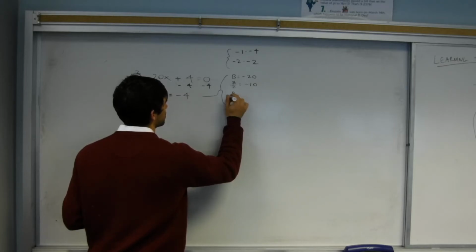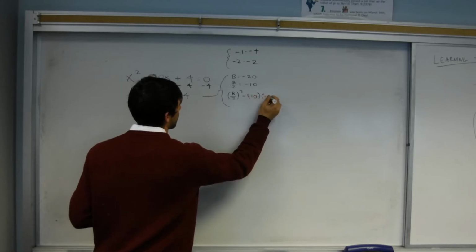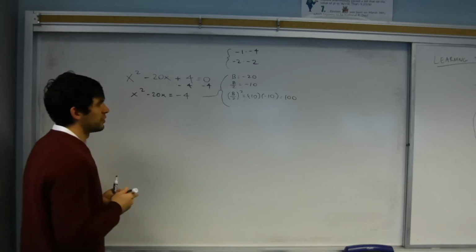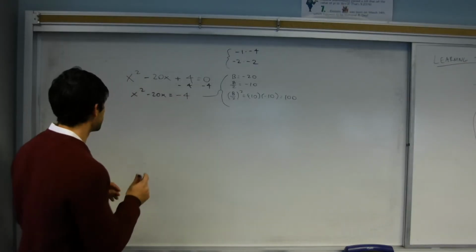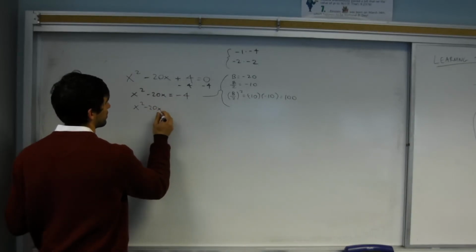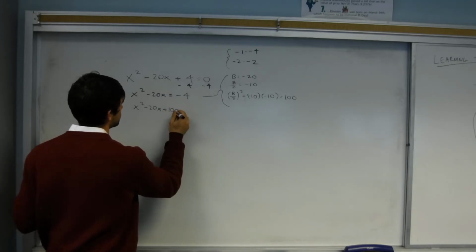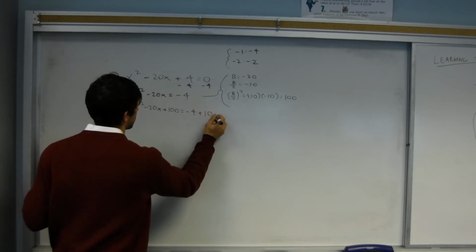And b over 2 squared, so negative 10 times negative 10, is equal to 100. So what that tells us is, hey, we need to add 100 to each side. So I'm going to get x squared minus 20x plus 100 is equal to negative 4 plus 100.